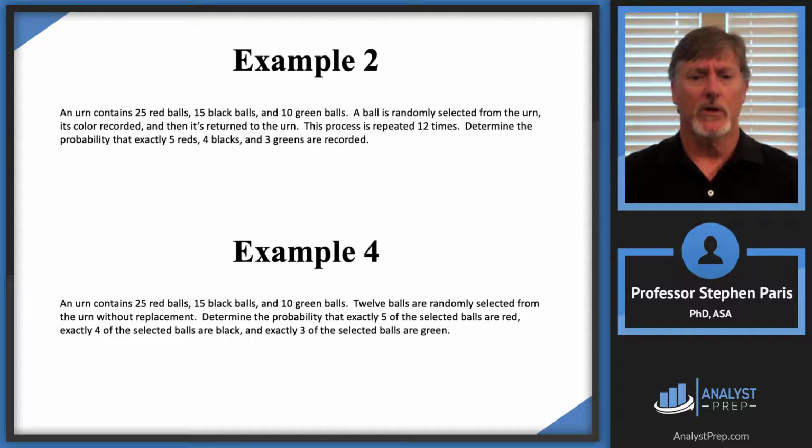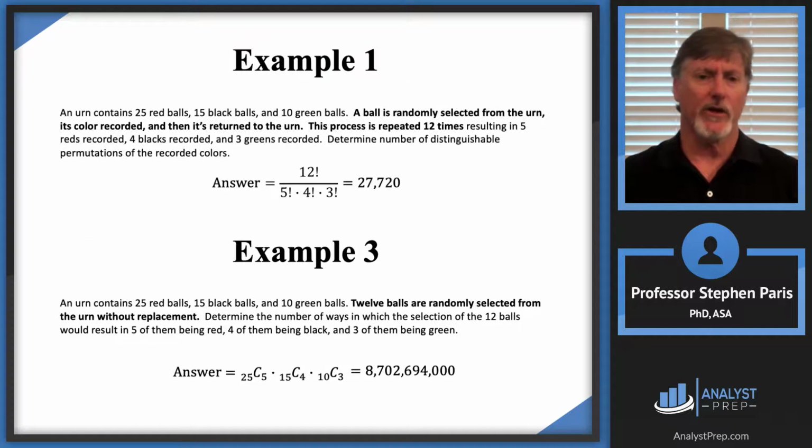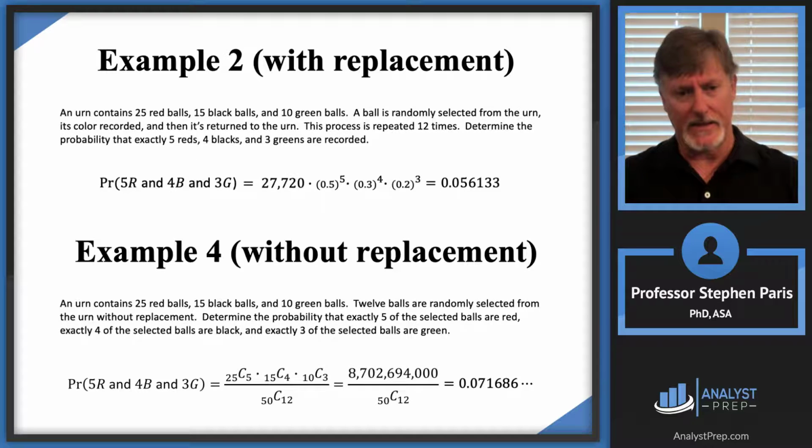Example 2 is to determine the probability where we had replacement of the balls. Example 4 was to determine a similar probability where there was no replacement of the balls that were selected from the urn. And again, we had to use the counting arguments from examples 1 and 3 in order to calculate the actual probabilities in examples 2 and 4.